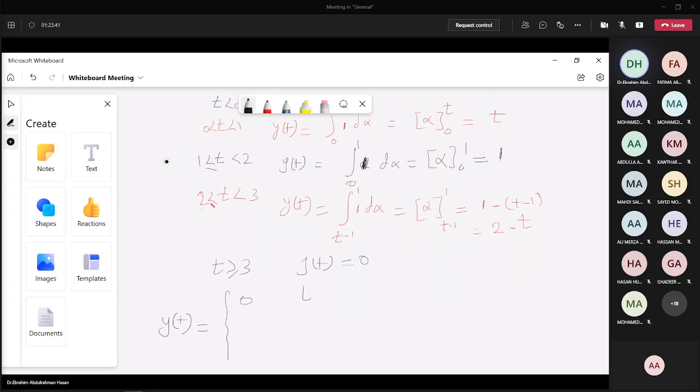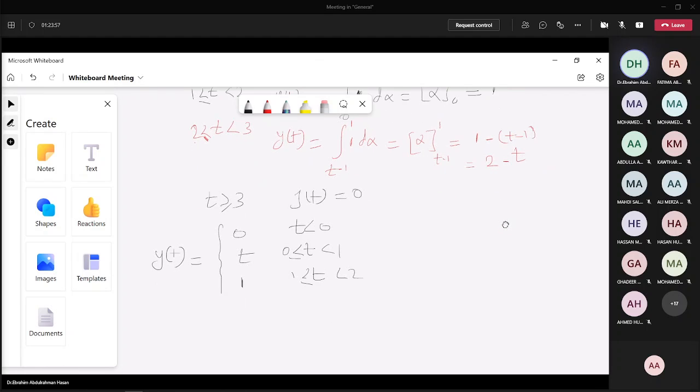And it is equal to t for t greater than 0 but less than 1. And it is equal to 1 for t greater than 1 but less than 2. And it is equal to 2 minus t for t greater than or equal to 2 but less than 3, and it is equal to 0 for t greater than or equal to 3.